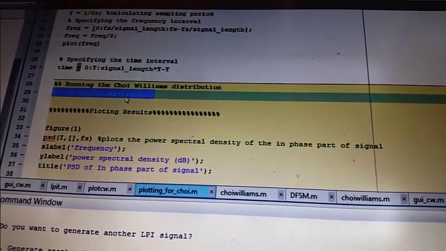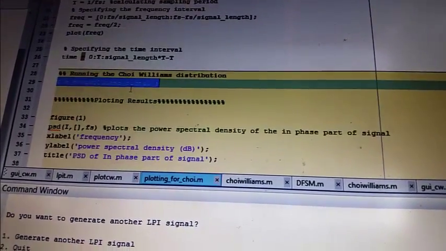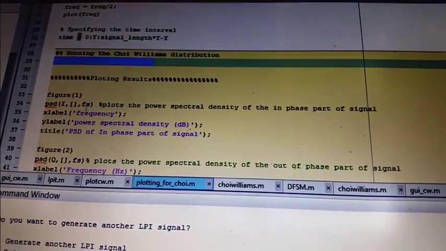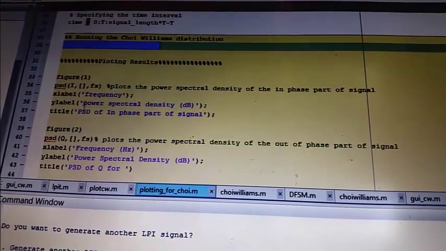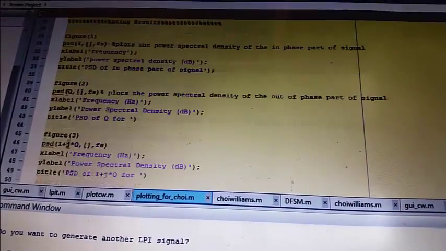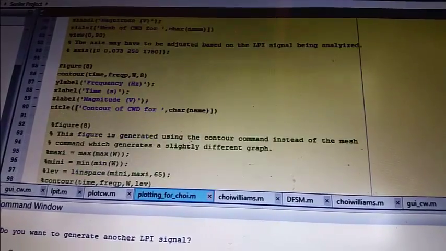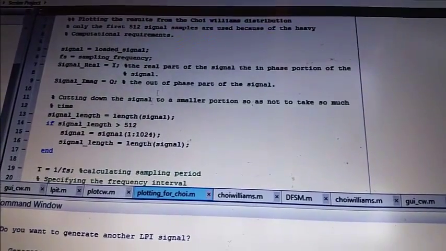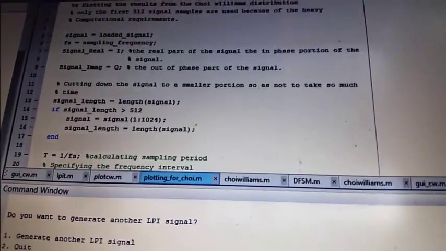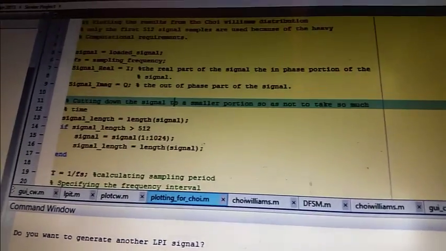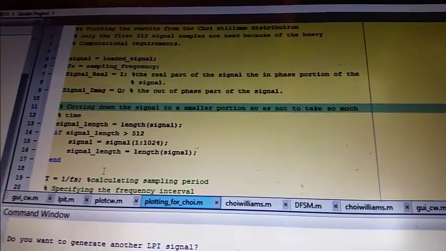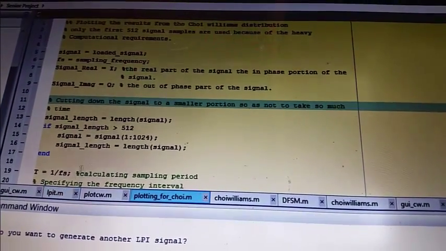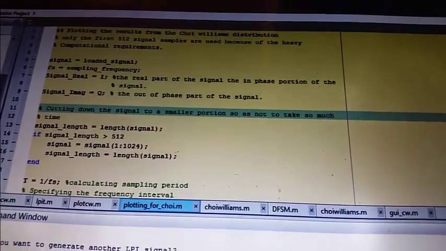He did the Choi-Williams, and then after that I was able to plot the results using the power spectral density function and so on. And here's all the code for that. So first, I used the LPIT generator from the book, and here are the results.